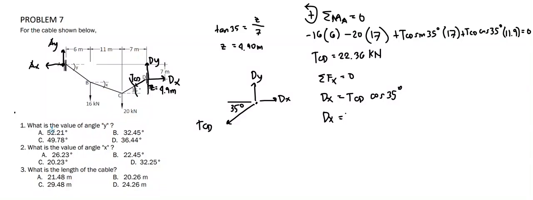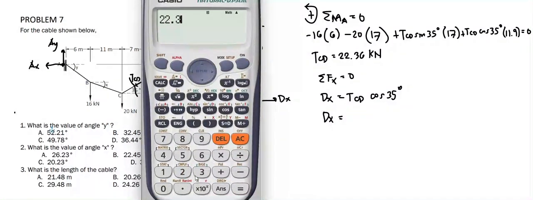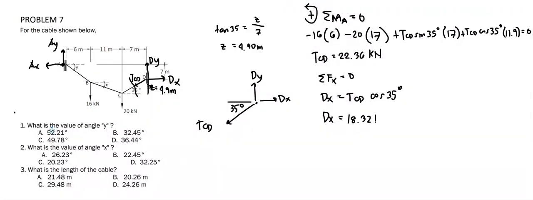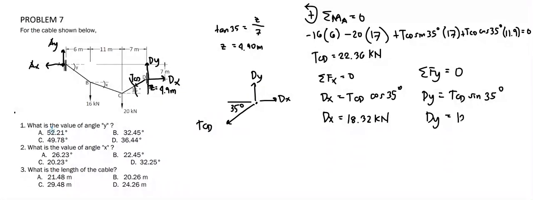Therefore, dx is equal to 18.32 kilonewtons. And for dy, we take summation force vertical equal to 0. So dy is just equal to CD sine of 35 degrees. That's equal to 12.83 kilonewtons.